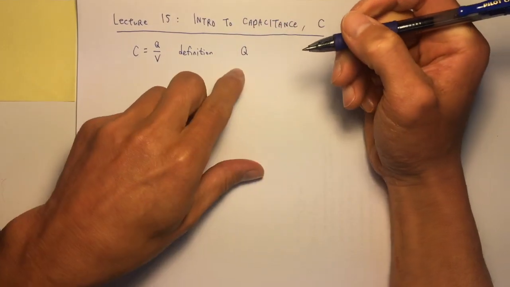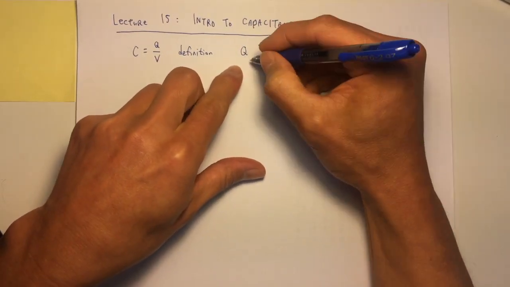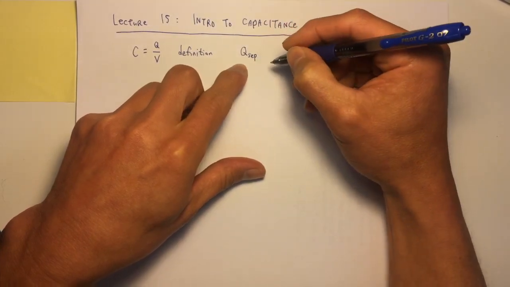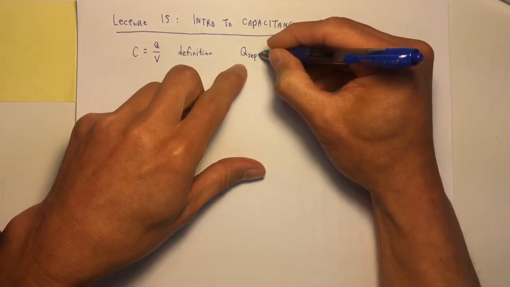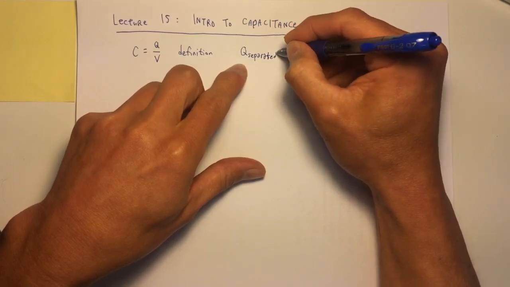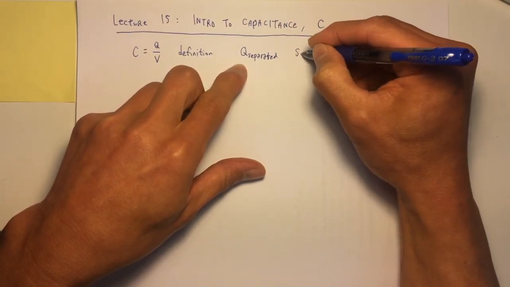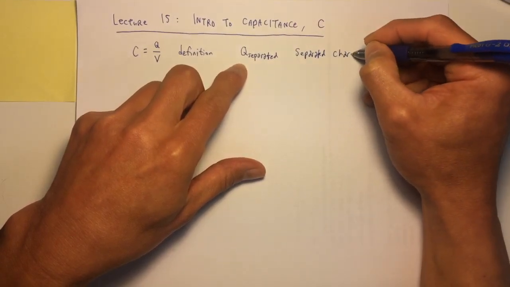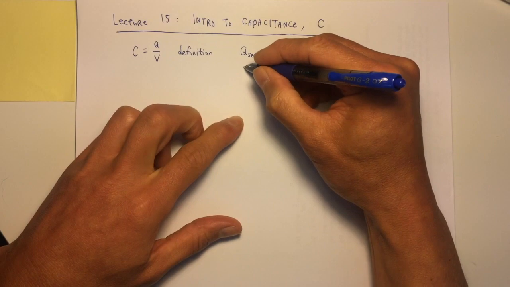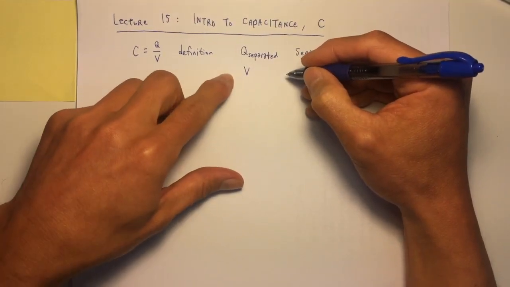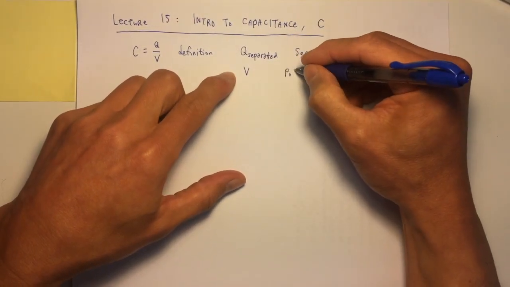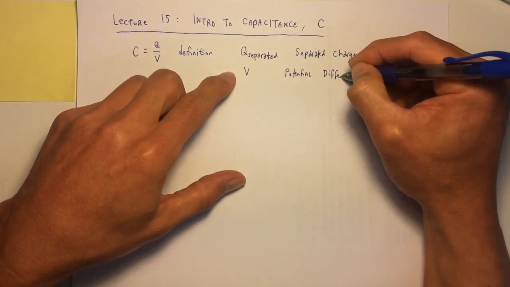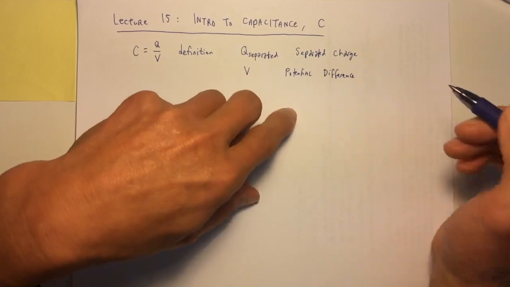Q, I think it's better to say Q separated. So this is the separated charge. I'll explain what that means in just a second. And V is really just potential difference.